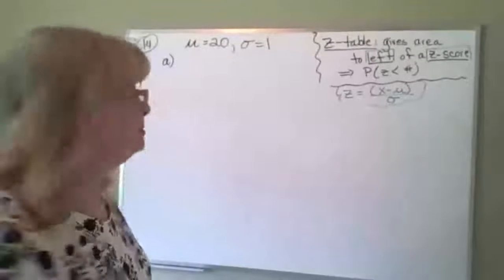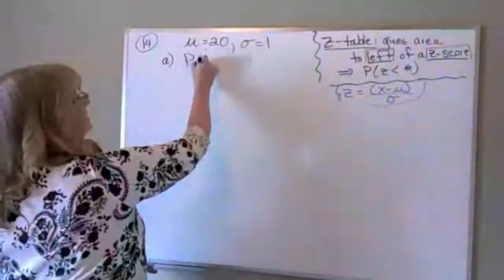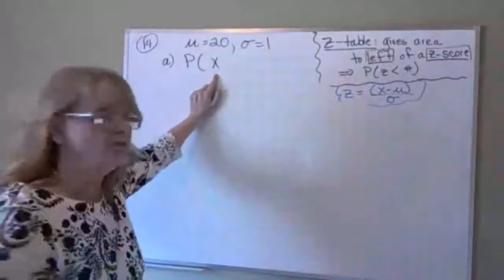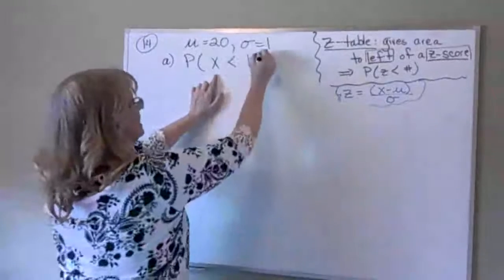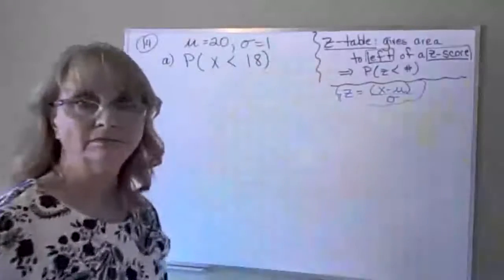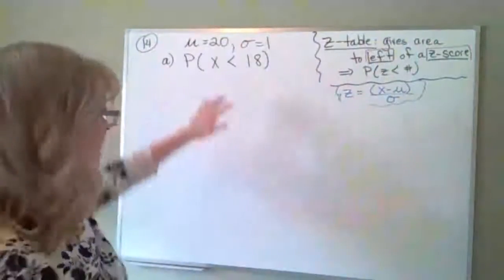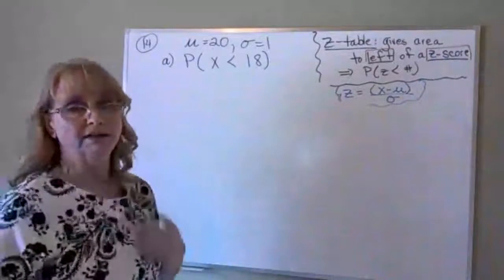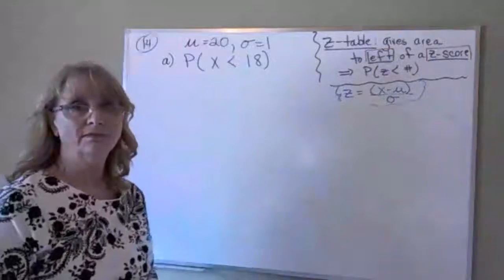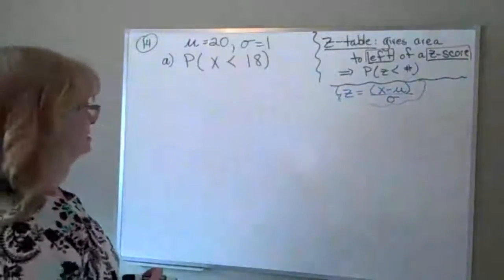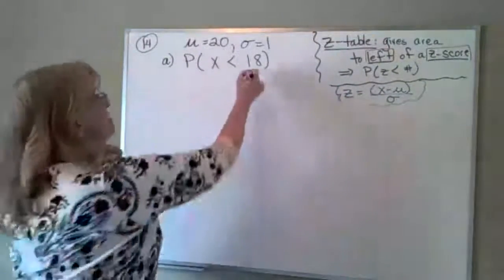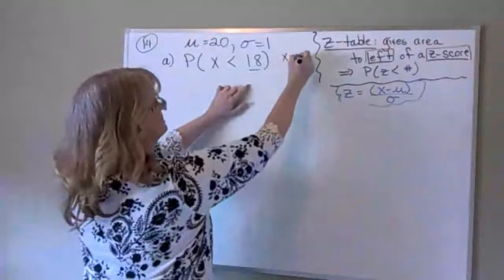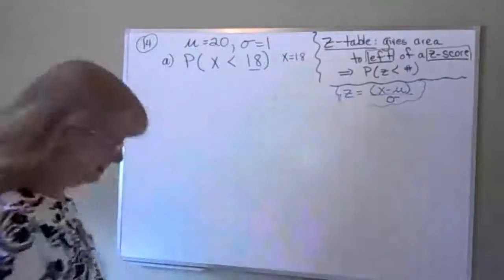I'm looking for the probability that the number of days, that's a data value, is less than 18. So on this problem, you have to write your own probability statements. So that's my X. So X equals 18. That's the data value we're looking at.